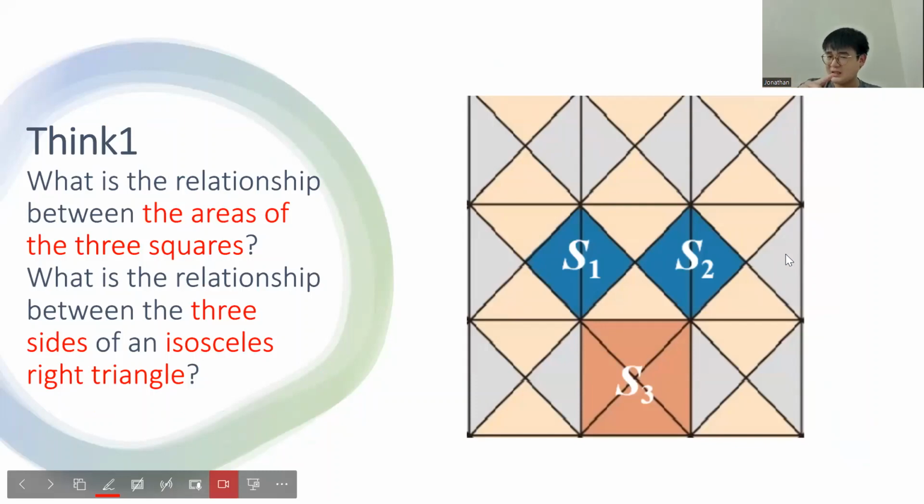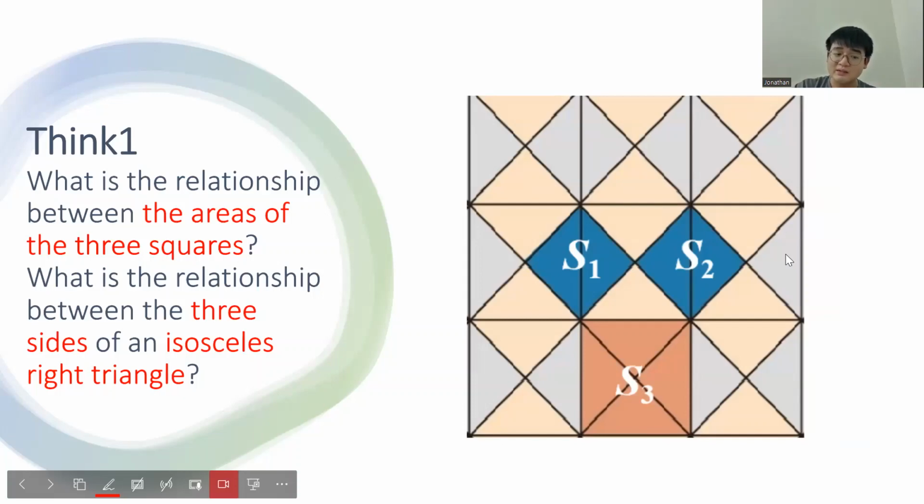Since their sides are all the same, they are squares, and they are also 90 degrees, right? So from the previous slide, we can say that square 1 plus square 2 equals square 3.